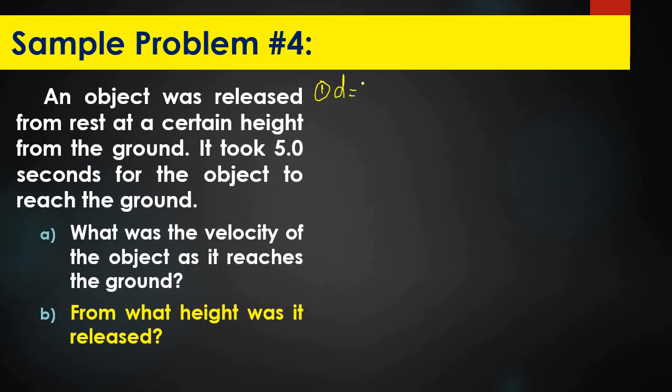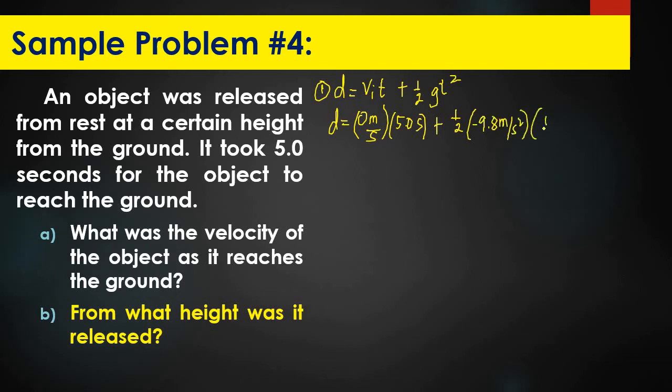We have D is equal to Vi t plus 1/2 gt squared. So, D is equal to Vi is 0 meter per second times time, that's 5.0 seconds, plus 1/2 negative 9.8 meters per second squared times time is 5.0 seconds then squared. 0 times 5 is 0, so cancel.